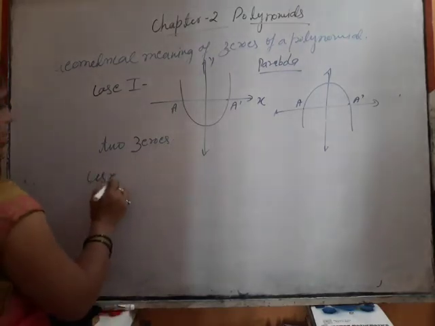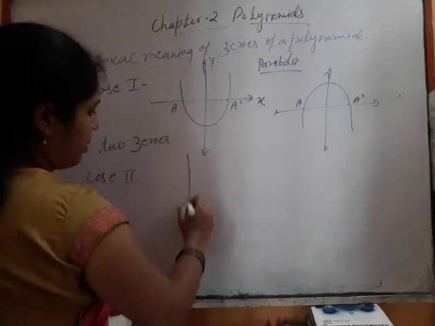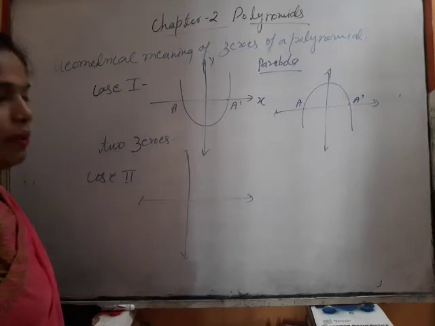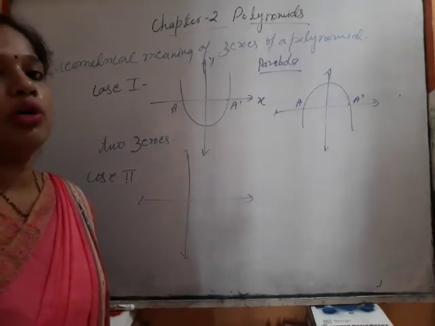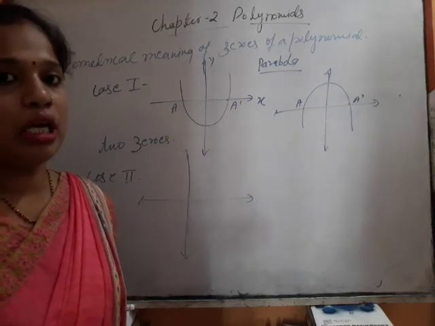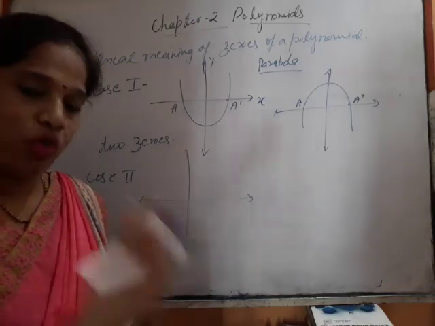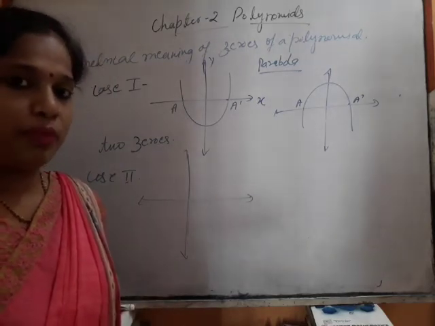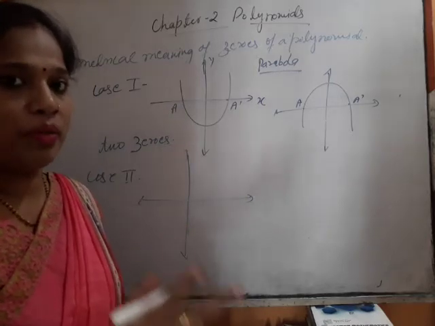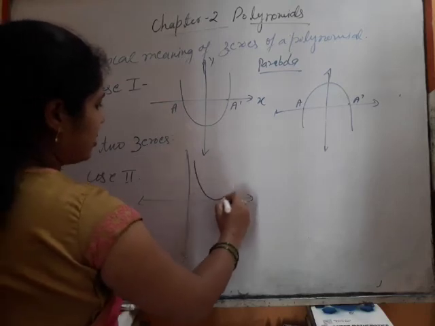Then case second, depending upon the shape of the parabola that we are getting. Maybe you come across a quadratic polynomial whose zeros are equal. That means the two values of the variable will be equal. That means 2, 2 if you get, or minus 2, minus 2, both the values will be equal. Then the graph you will get like this.